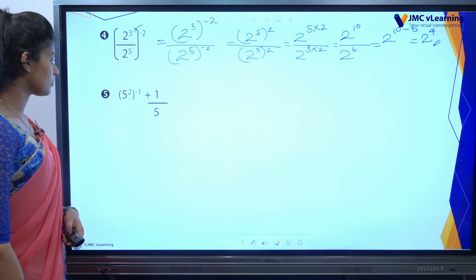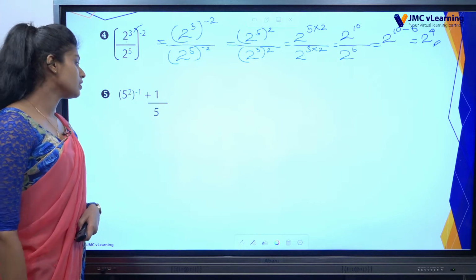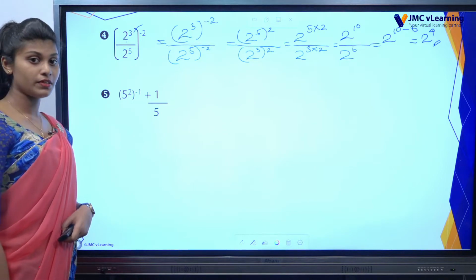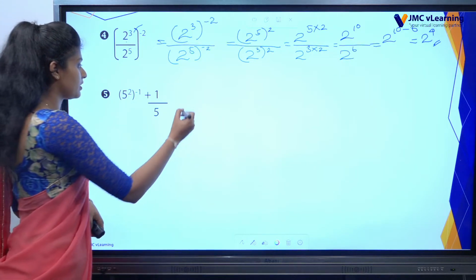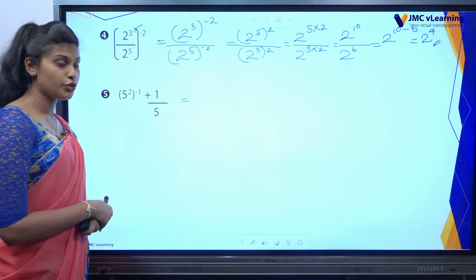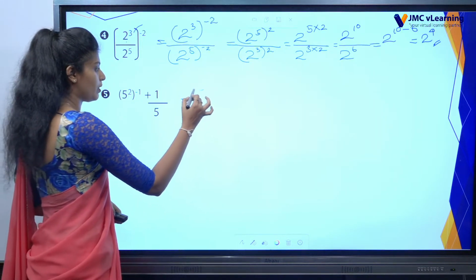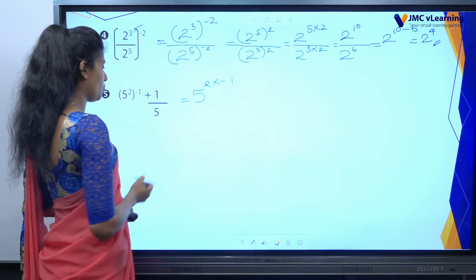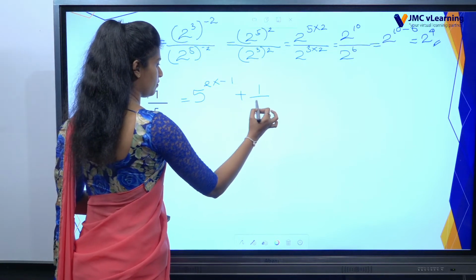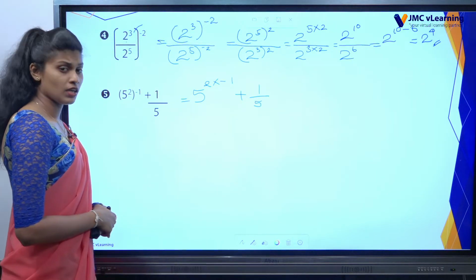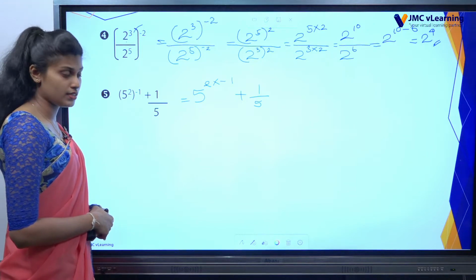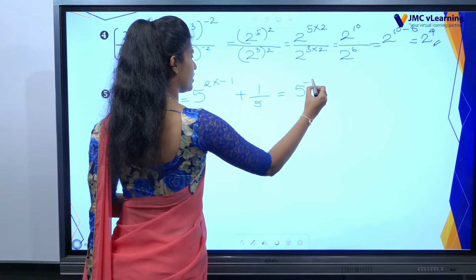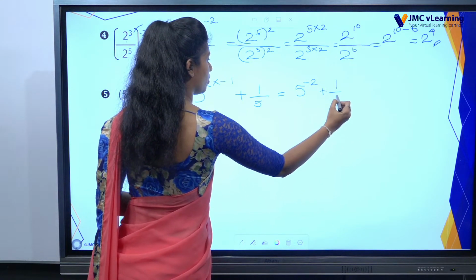Then next question: (5^2)^-1 + 1/5. How can you simplify this one? Here you can see two powers, so you have to multiply: 2 into minus 1, plus 1 over 5. 2 into minus 1, what is the answer? 5 to the power minus 2 plus 1 over 5.